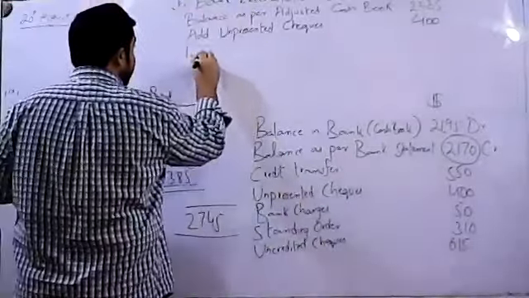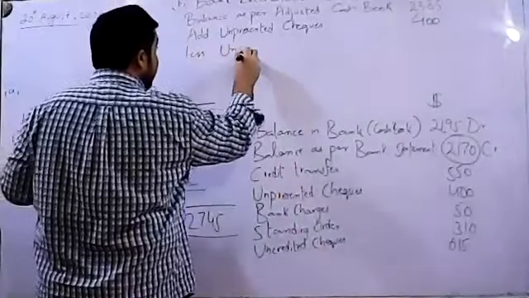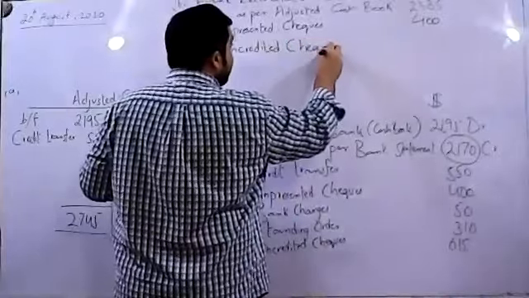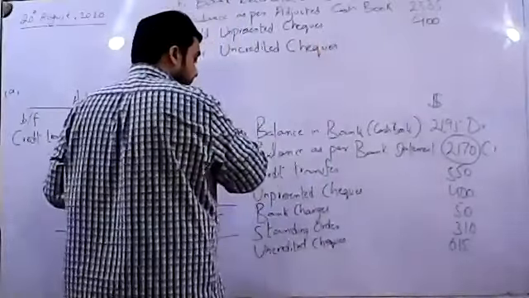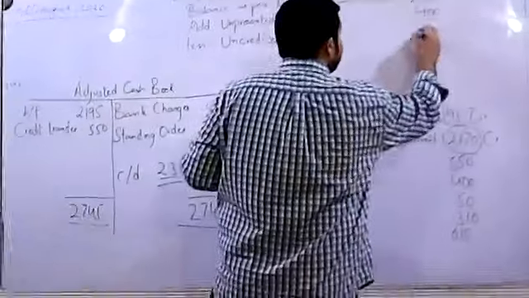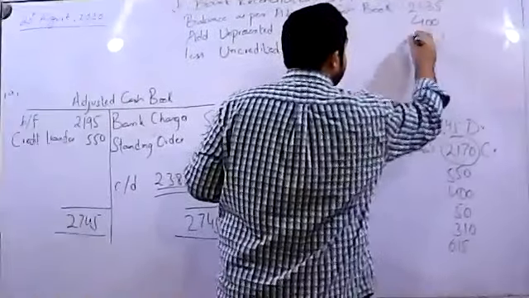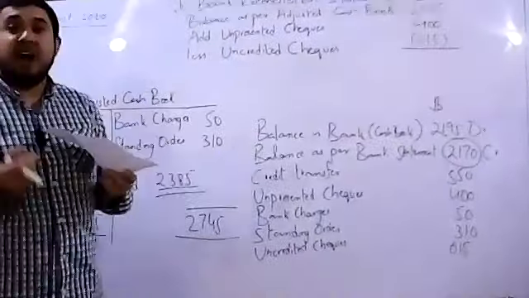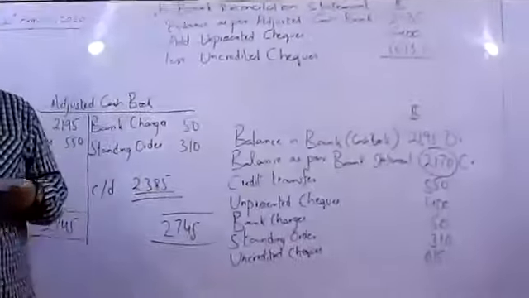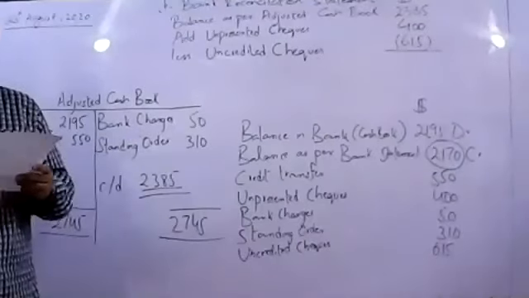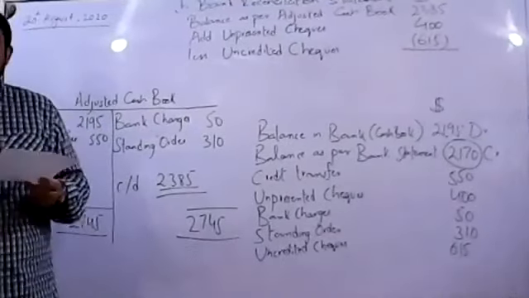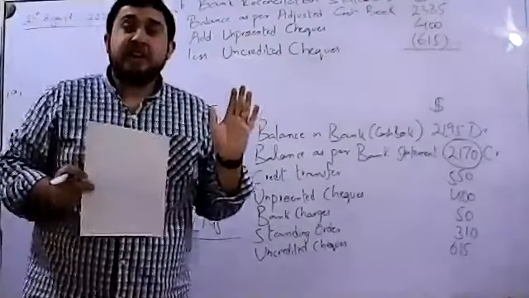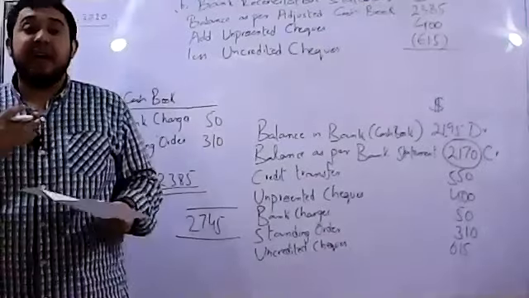The next thing over here that is deducted from the balance is uncredited checks, also known as bank lodgements. The uncredited checks in this question are worth 615. Why do we deduct uncredited checks? The reason behind deducting the uncredited checks is that these are all those checks which are received by us.